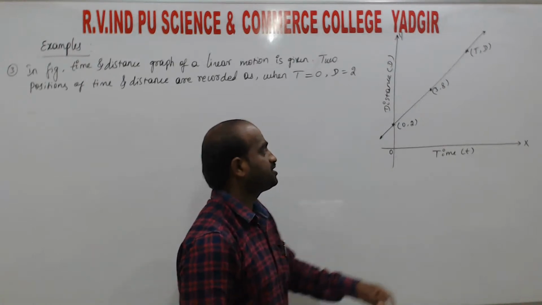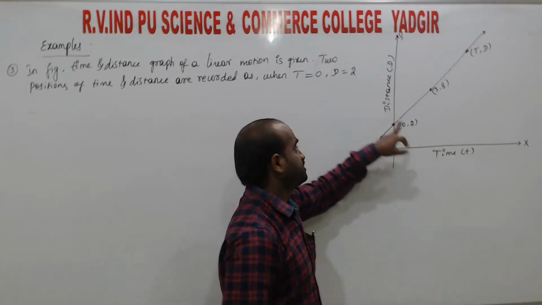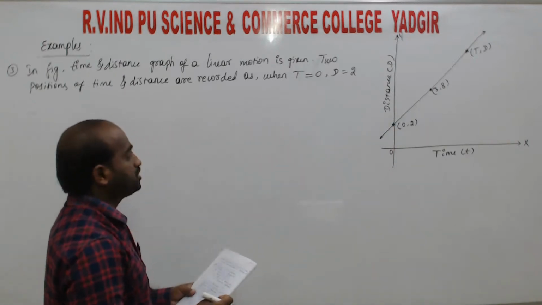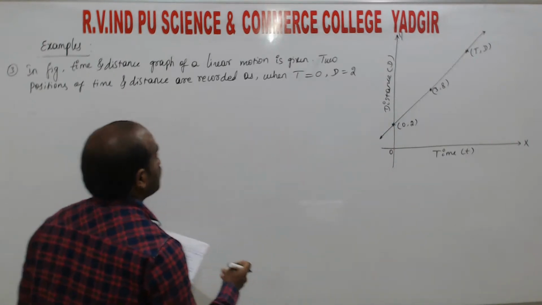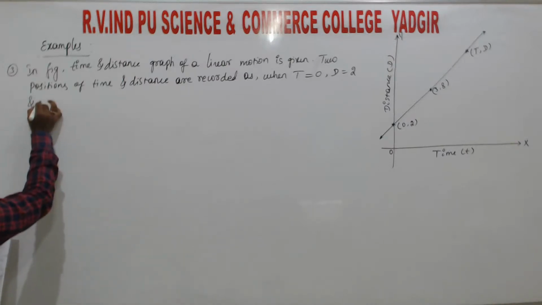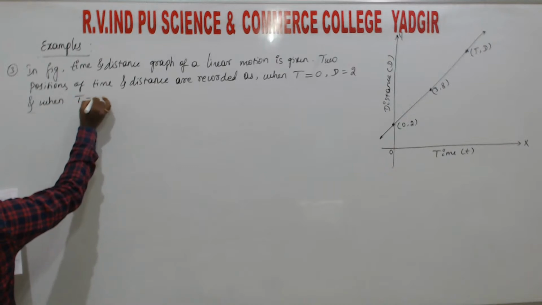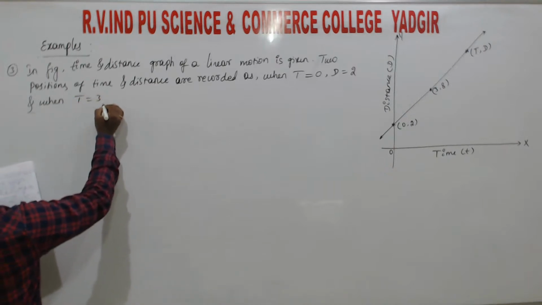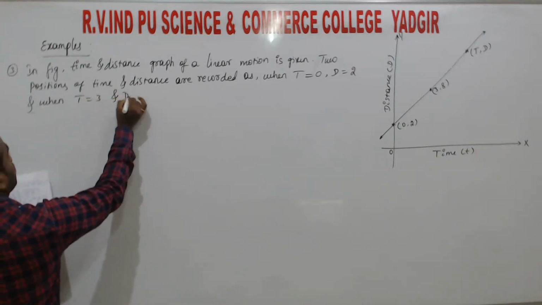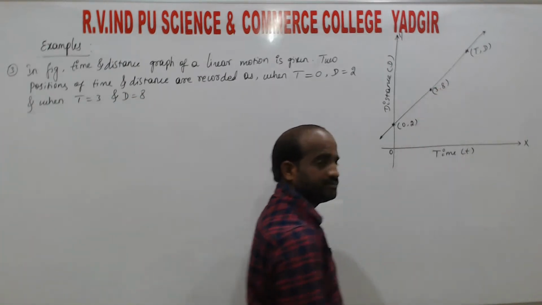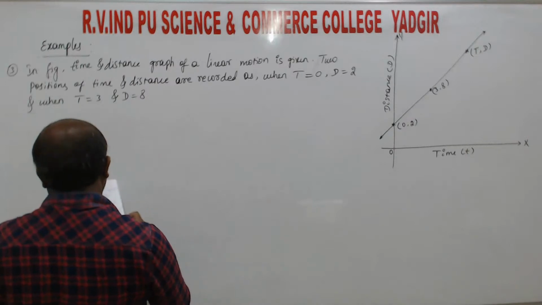And the x-axis means what? Time. The y-axis means what? Distance. When t equals 0, d equals 2, and when t equals 3, d equals 8.